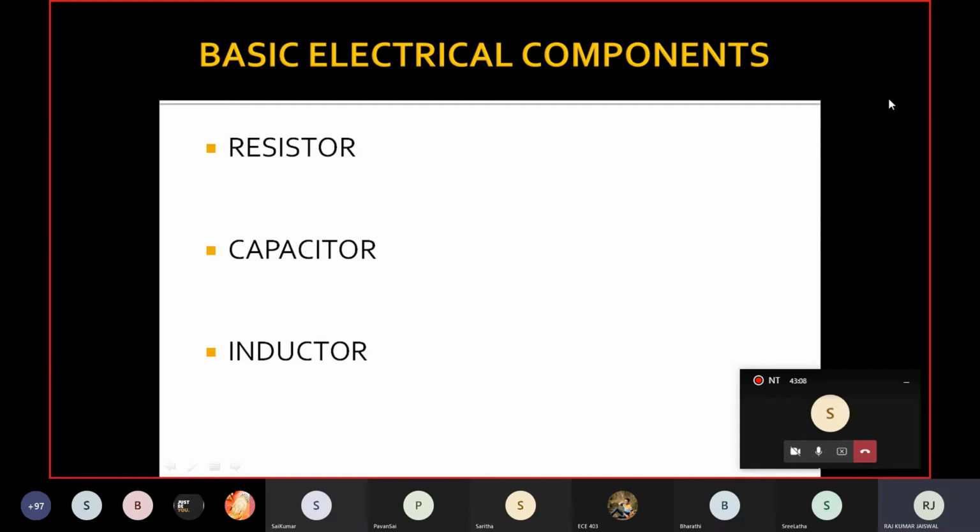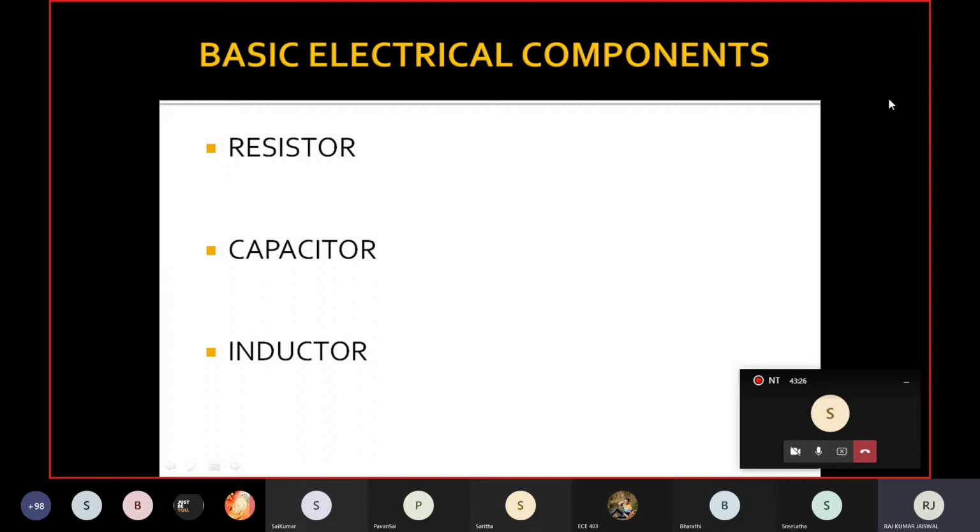Whatever concept I will teach in the first unit, by using the first unit concept, you are going to solve second unit problems. So each unit is important when you are going to solve.